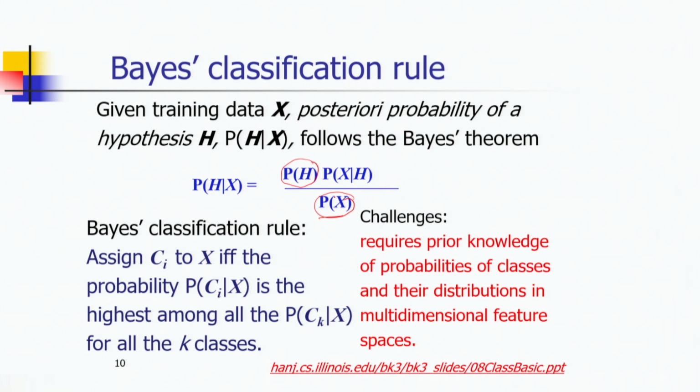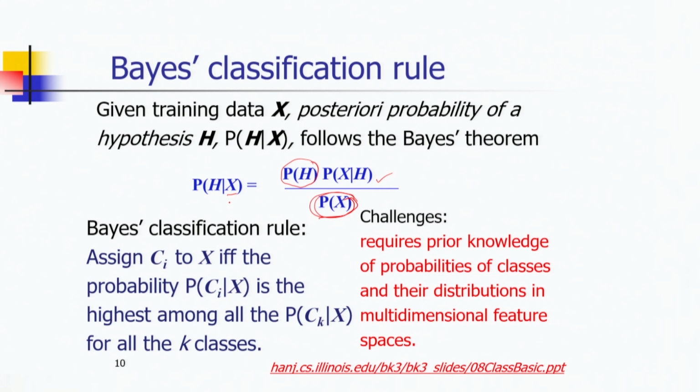Now, one thing you can notice here is that if x is given, then this denominator part is fixed. So if I consider comparisons between different classes, only the numerator plays a role given x. So sometimes, for convenience, we may ignore the precise computation of the posterior probability and consider proportional computations.